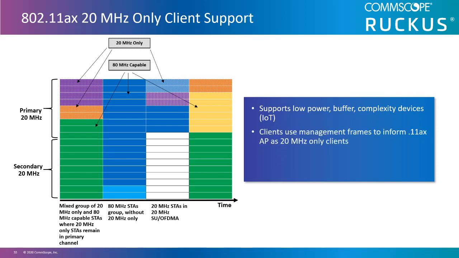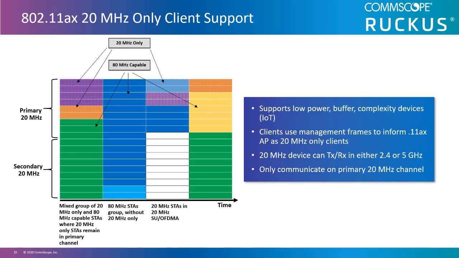Using management frames, client stations will be able to inform an 11ax AP that they are operating as a 20 MHz only client. A 20 MHz only device can transmit and receive in either the 2.4 or 5 GHz band. Examples of IoT devices are BLE or Zigbee sensors, medical devices, thermostats, and so forth. They do not require high bandwidth operations.